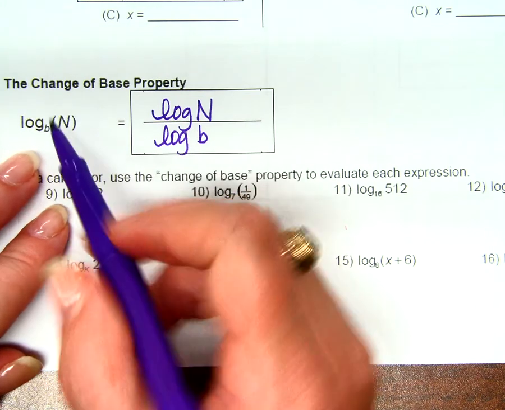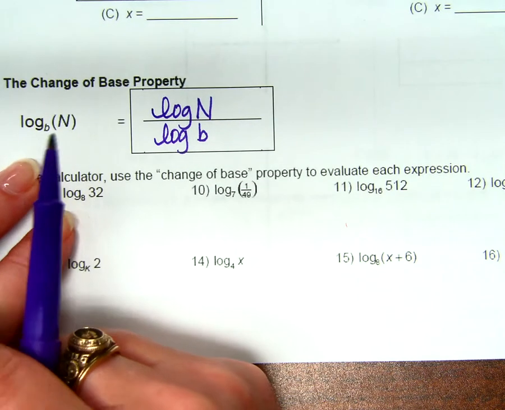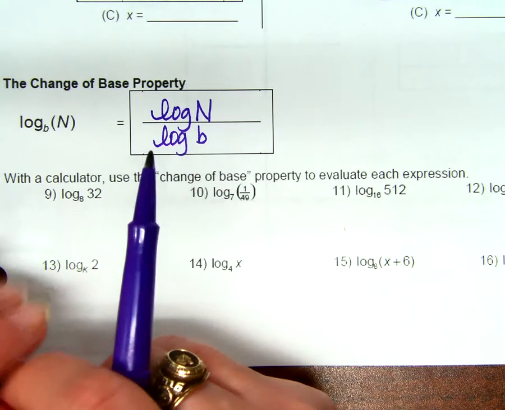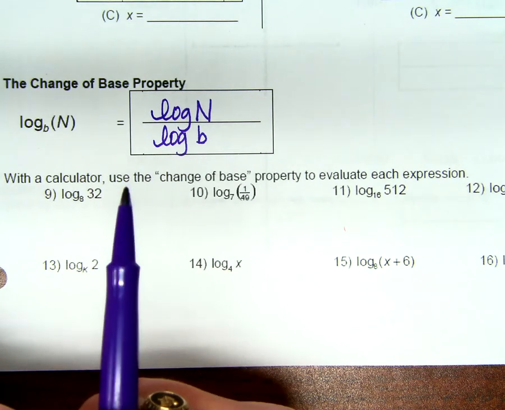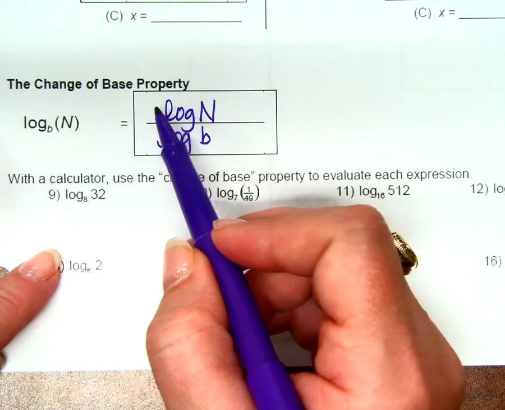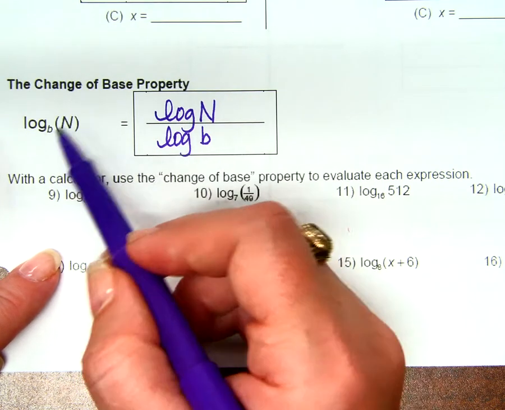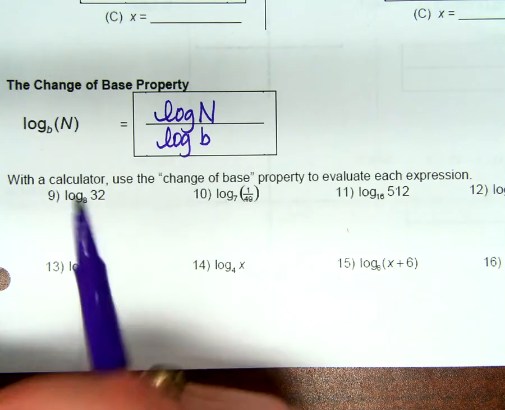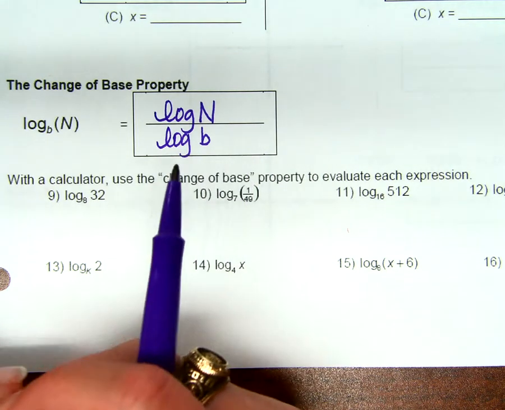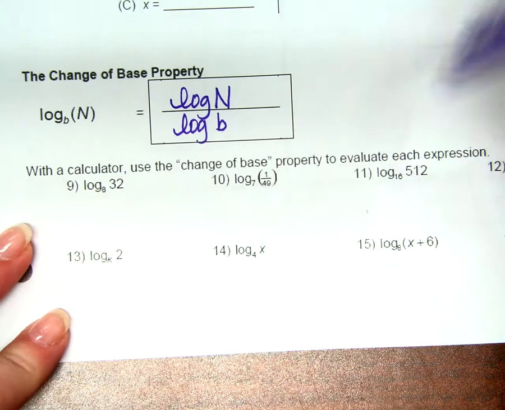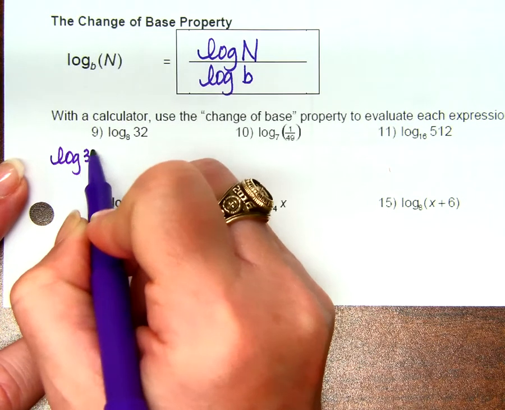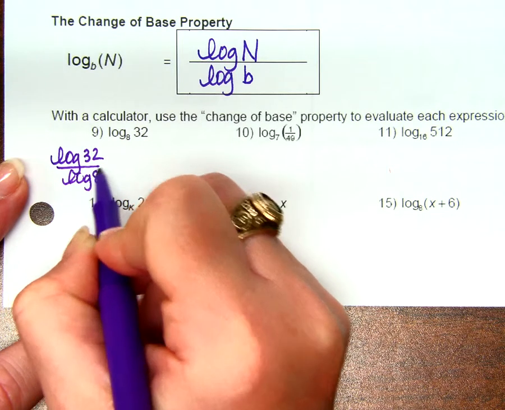How about the base is the bottom? Now the way it's set up right here, this is nice because the n also could mean numerator, right? But again, those are going to be numbers, so there's not going to be a b and an n. Maybe, but they'll be constants or variables for sure. So if I'm doing log base 8 of 32, that becomes log of 32 over log of 8.